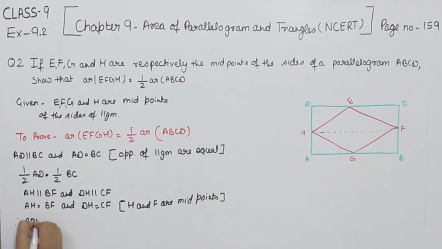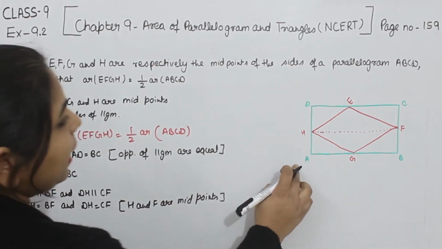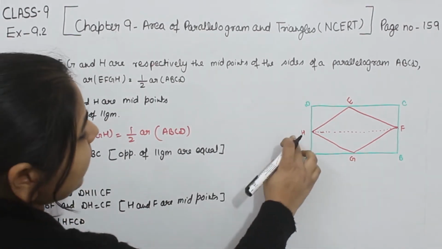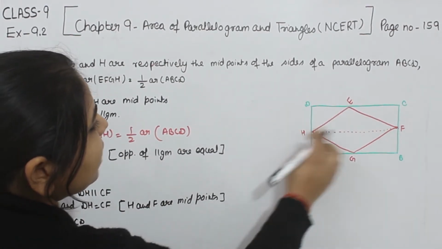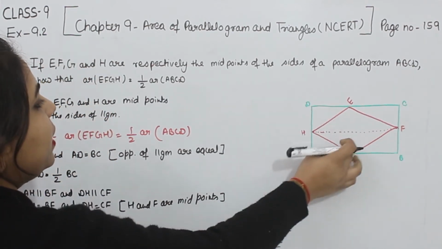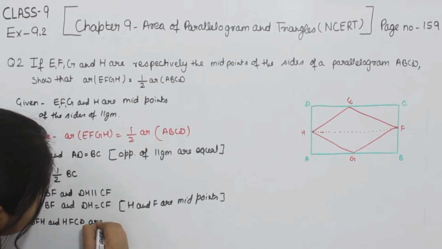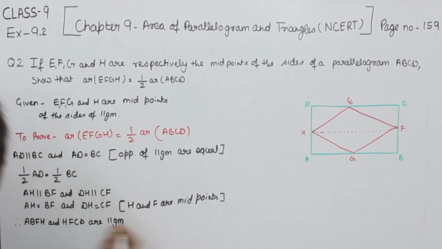Now ABFH and HFCD, we are taking these two. They are parallelograms.